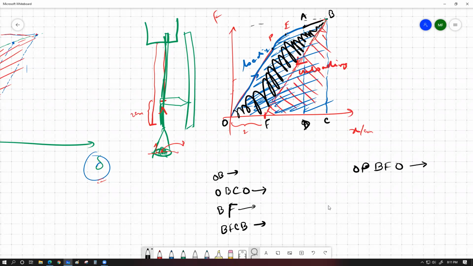If the object cannot reach back to its original dimension, some amount of energy would remain stored within the object permanently, which we call the deforming energy, equal to the difference between the loading curve area and the unloading curve area. এইটুকু হচ্ছে পুরো গ্রাফের শর্ট ডেসক্রিপশন। Does it make sense so far?